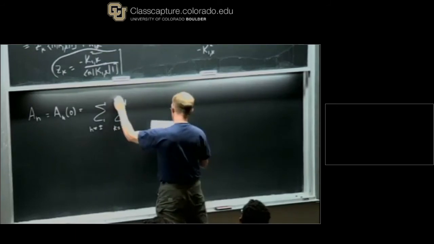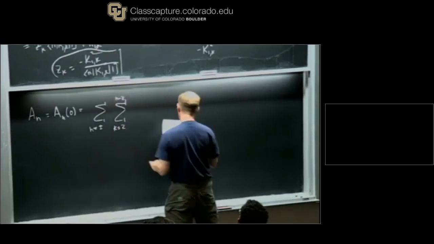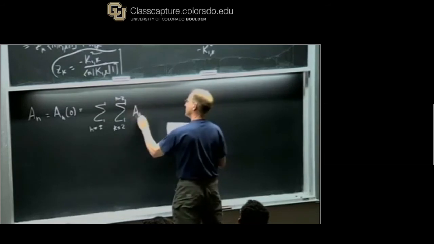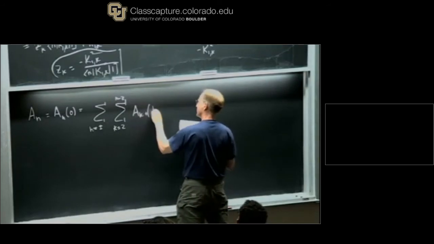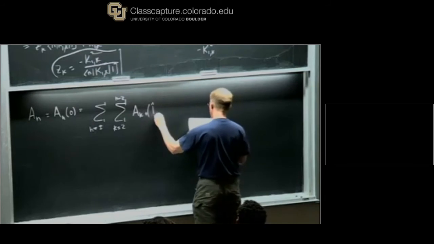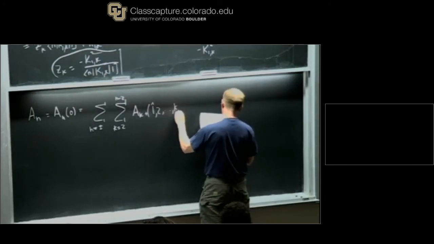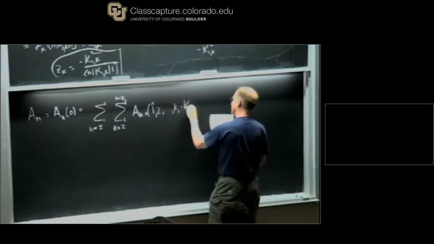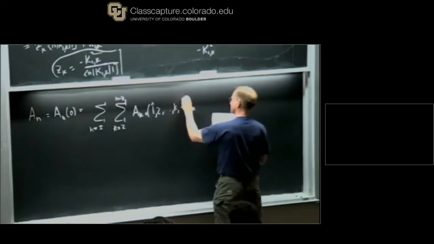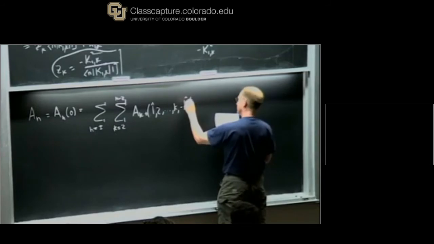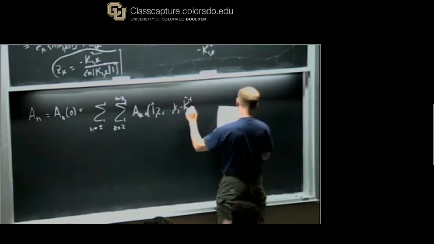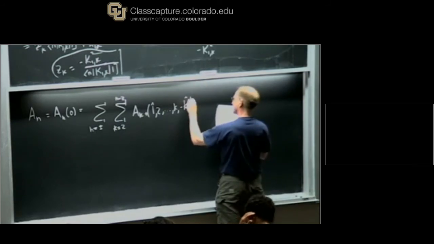And then there's a sum over the allowed k's running from 2 to n minus 2, A_{k+1} evaluated at the shifted momentum k1. The rest of these are unshifted until you get to the last one, which is this composite momentum. I guess the way I defined it, I might have the arrow backwards. Here I refer to this as minus K_1k with helicity minus h.